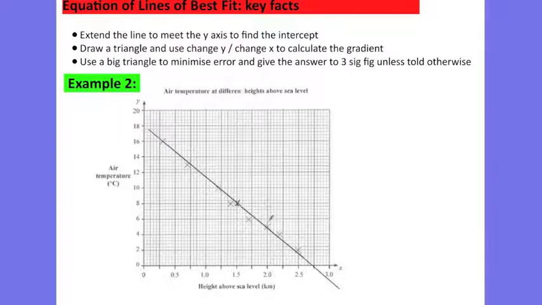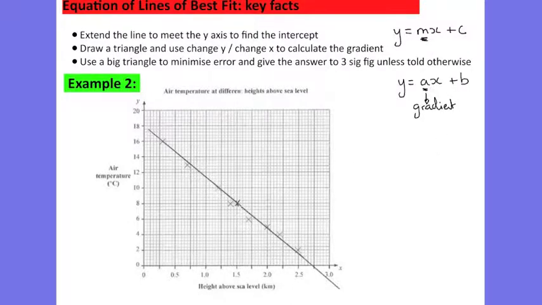This is related to your knowledge already about y equals mx plus c. However, the notation we use here is very similar, but it's y equals ax plus b. A is the gradient, just as m is the gradient in y equals mx plus c.